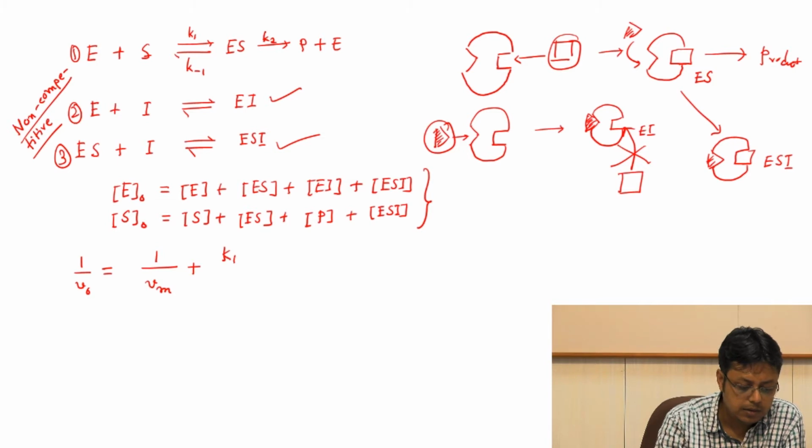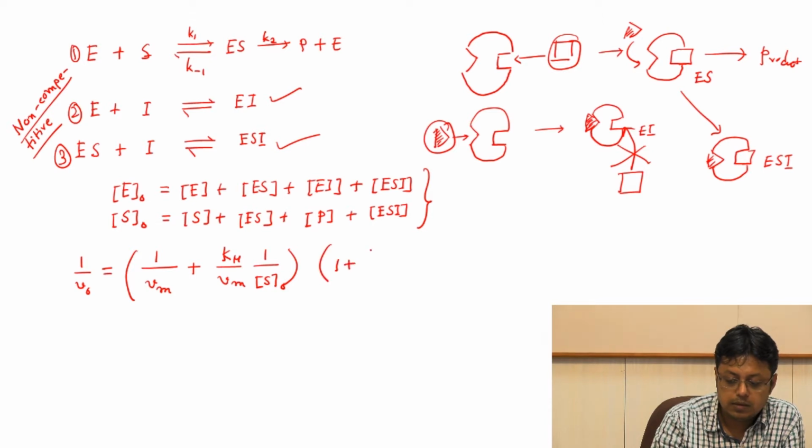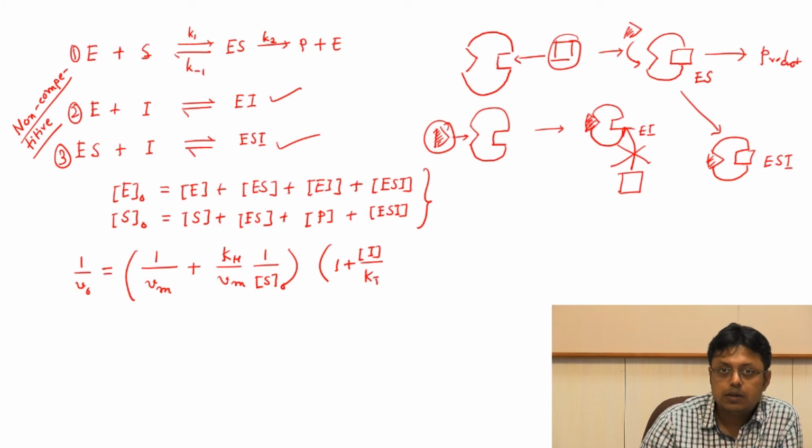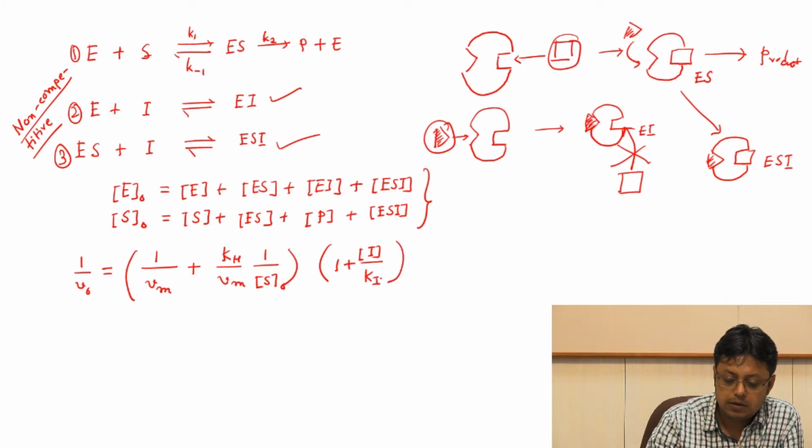This will be like this. Let me write it and then I'll explain what it is all about. Times 1 plus I divided by Ki.